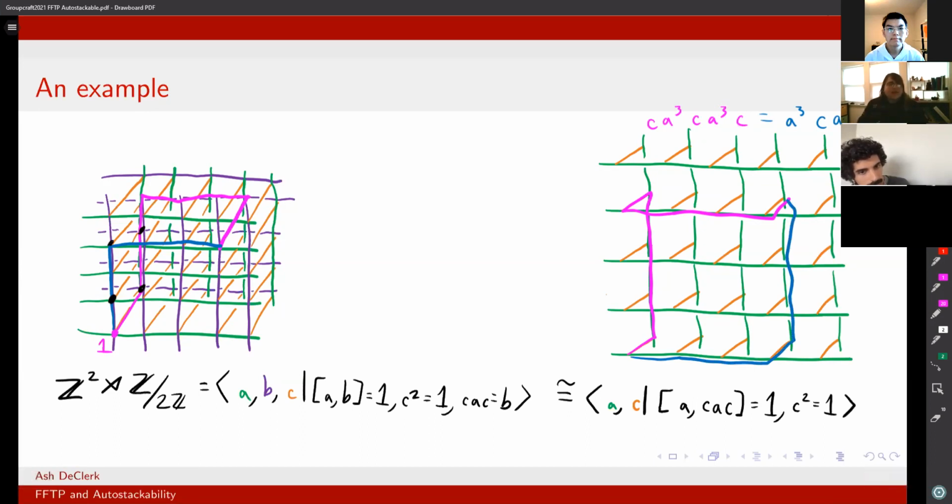But it turns out that there isn't going to be any sort of intermediate way to get from the pink path to the blue path that is sort of staying close to the pink path. So the pink path is inefficient, but there's not really a way to make it more efficient while staying close to the pink path.